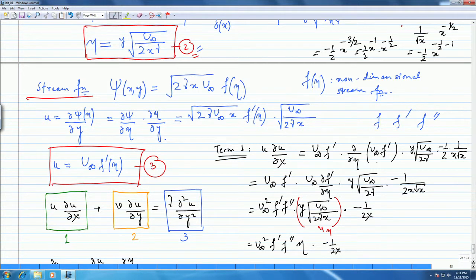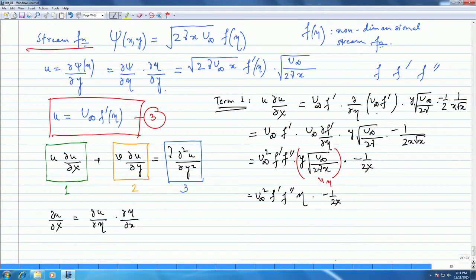So basically, therefore, term 1, ultimately u del u by del x is equal to minus u infinity square, eta by 2x into f dash f double dash.